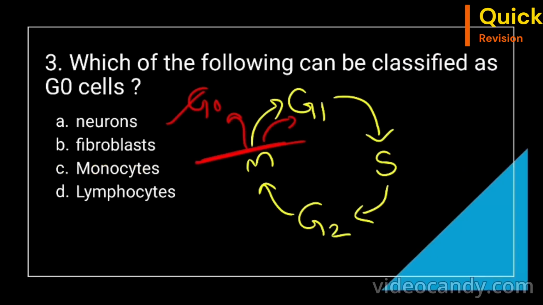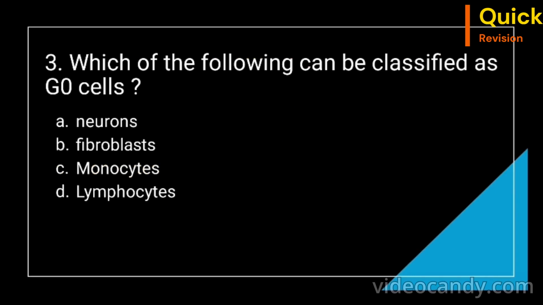So the examples are given here: neurons, fibroblasts, lymphocytes, and then the monocytes. In all these 4, the cells which are undergoing the G0 phase are the neurons.